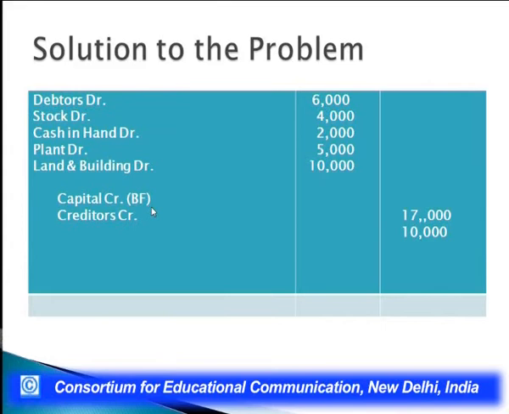So as a matter of practice, the balancing figure would be taken as capital if the debit side is higher. This was exactly the opposite of the previous example. In the previous example, the balancing figure was goodwill. Why? Because your credit side was higher. In this example, my debit side was higher, and the difference would be taken to capital.